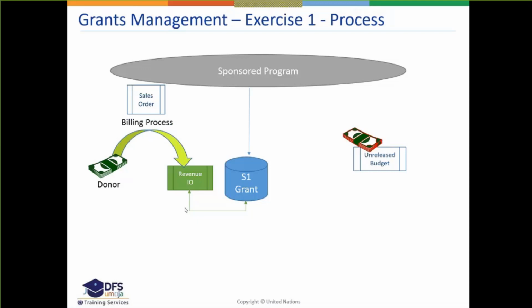What is an unreleased budget? It's the way to allocate or to adapt the amount that the donor is contributing in the different sponsor classes. How are we going to spend this money? This unreleased budget is not really committed or pre-committed in the system.